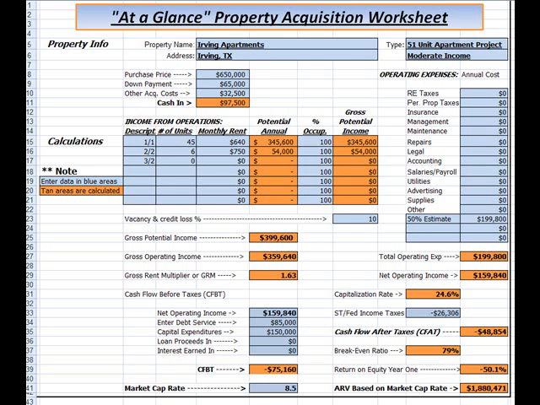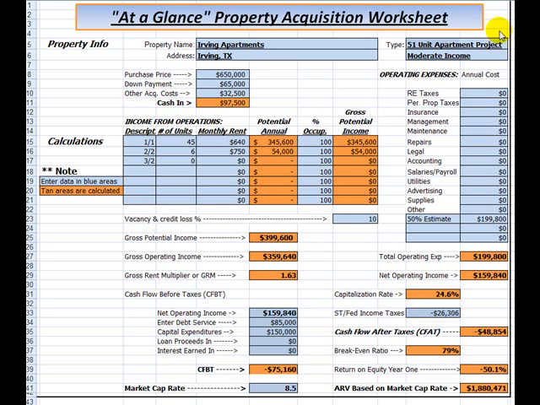Now, one of the most important things for you to take a look at is the net operating income. There's going to be a video that deals specifically with how to calculate the NOI, the net operating income, in this training series. So we won't go into that, but let's assume that you've got the financial statements that show the net operating income.